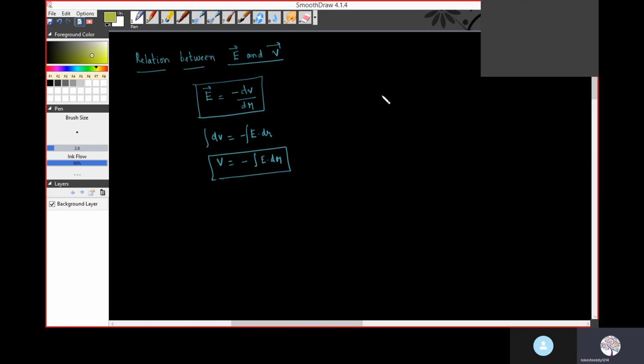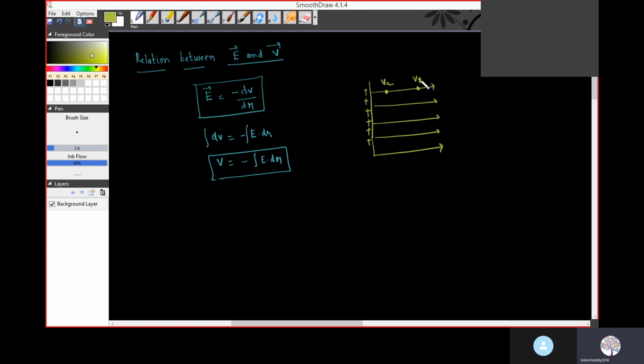The same thing here. dV by dr, what does it mean? So if you have electric field here, then it will produce electric field lines like this. Now here, this is V1 and this is V2.